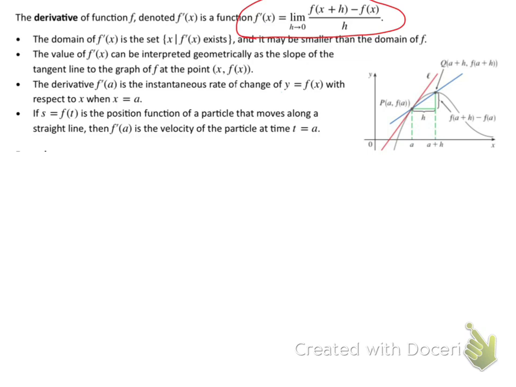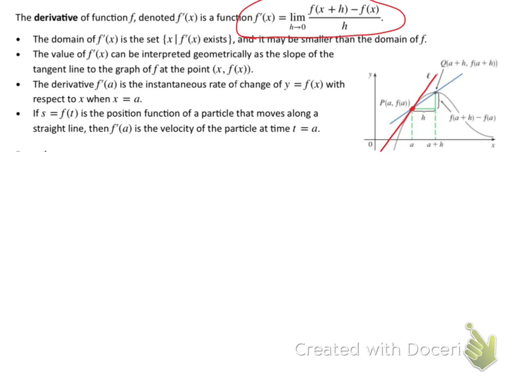And when you pick a value, say a, you get this point on the graph, a, f of a. Since you have a curve, you can draw this tangent line, which is the red line that I'm tracing.